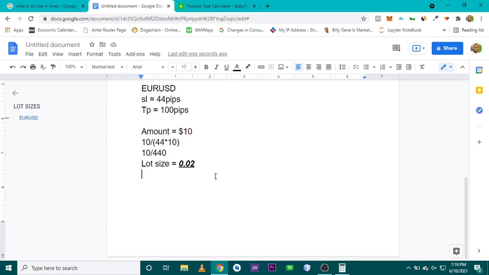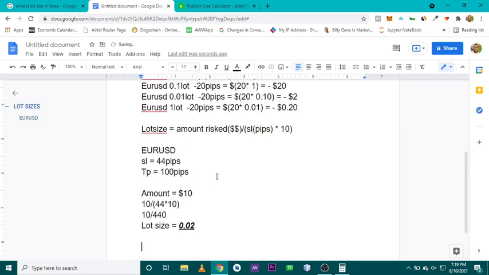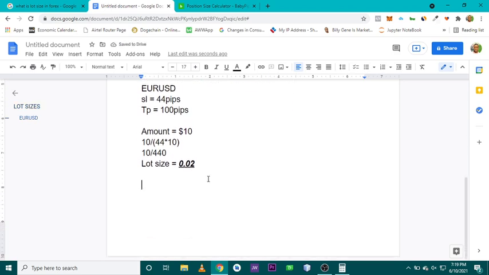So let's now find how much I would make if my TP was to be hit. How we'll simply calculate the amount we'll make if my TP was hit is that the amount in dollars is going to be equal to our lot size times our take profit in pips times 10.